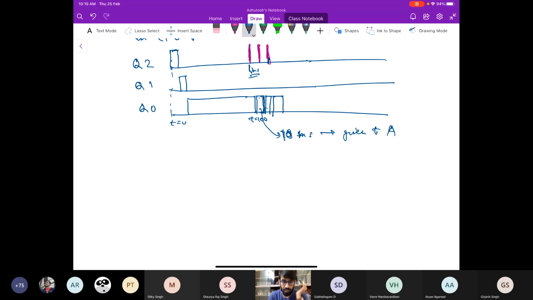I think in that case B should get the CPU, and there should be an interrupt because now there are two jobs.